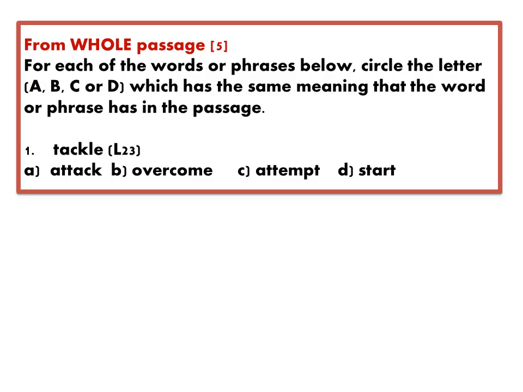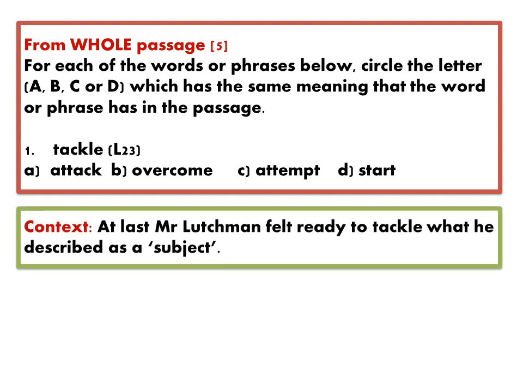This is the example of vocabulary question. You will have 5 MCQs, and for each of them, you will have the 4 options. You will circle the letter A, B, C, D, which has the same meaning that the word or phrase has in the passage. So, in order to find out the correct meaning, I have to find this word in the context.